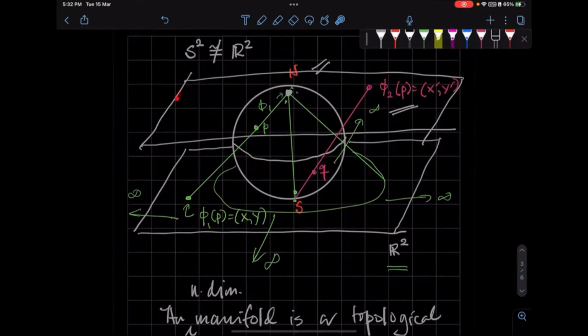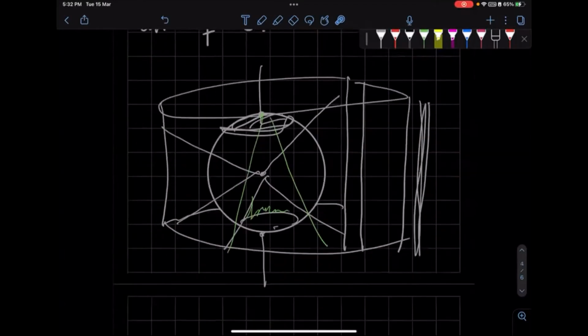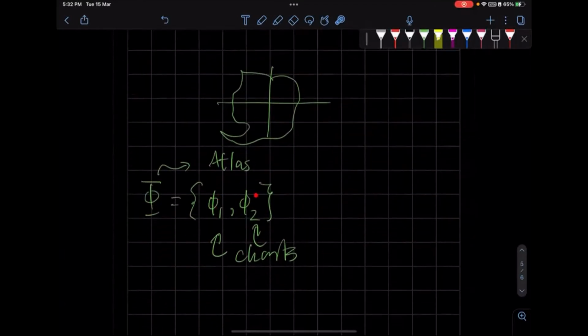The top part is another chart, where we are mapping all the points on the sphere except the South Pole onto this plane. So phi1 and phi2, these are the charts. And the collection of those charts that cover the whole S2, that is what we are calling an atlas.